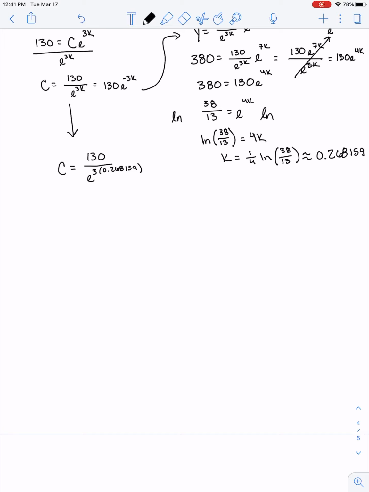So if you plug that into your calculator, 130 divided by e to the 3 times 0.268159, I get 58.15, but this is in number of insects, so if I round it, that's going to be 58 initial insects.